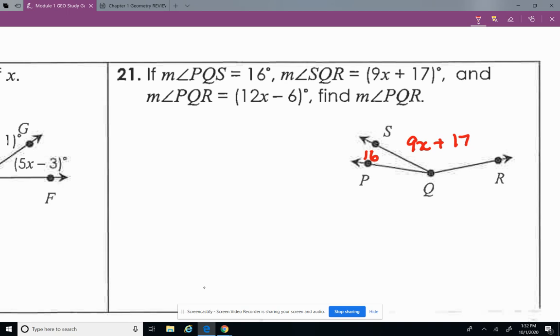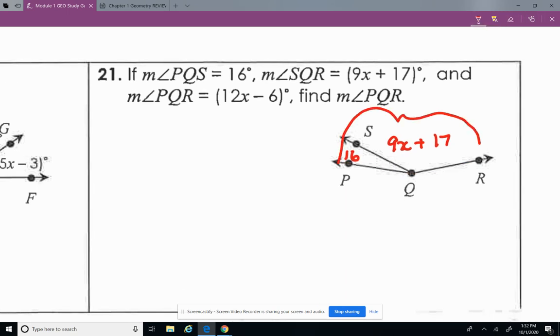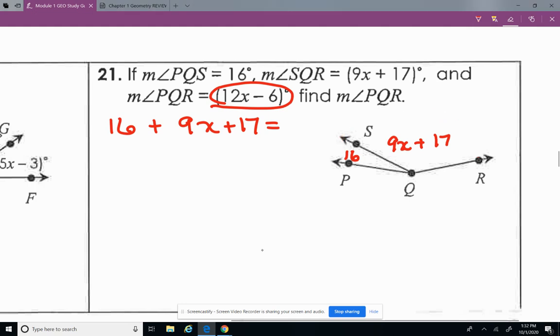And the measure of PQR, that's the entire angle, okay, the whole thing, is 12x minus 6. So this is the angle addition postulate, where you have two smaller angles, 16 plus 9x plus 17 equal to 12x minus 6.